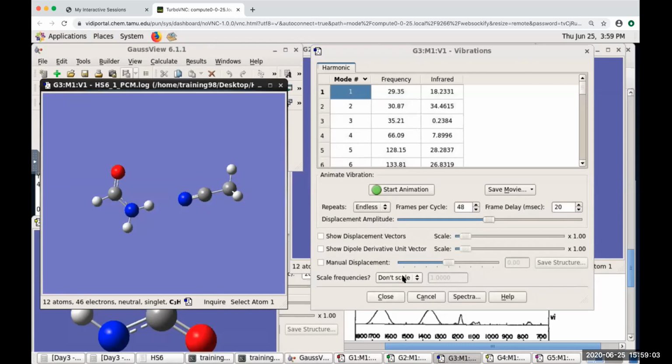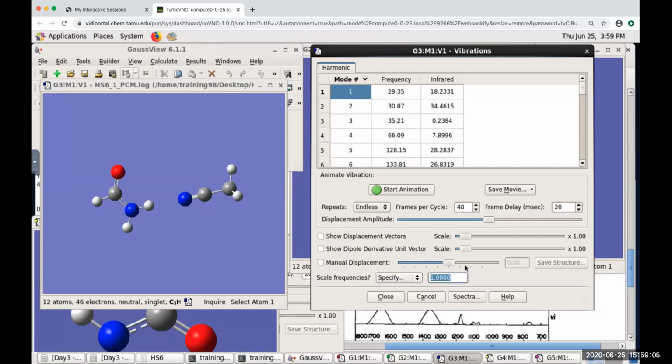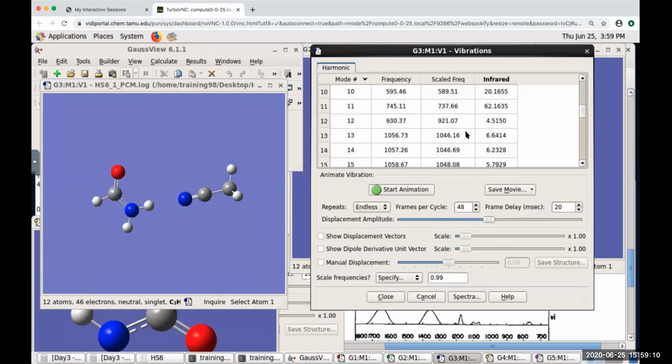Okay, so let's go ahead and look at what we got for our frequency there. Okay, so we're still at about 1693 for the CO stretching frequency. But the geometry is more of what we'd expect it to be. So getting the solvation effects, yeah.